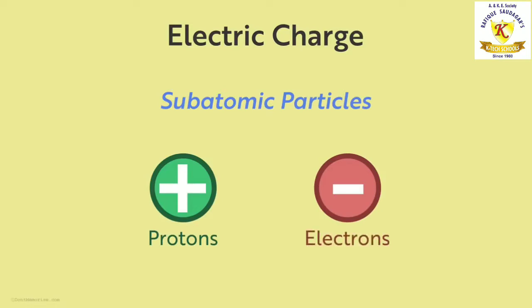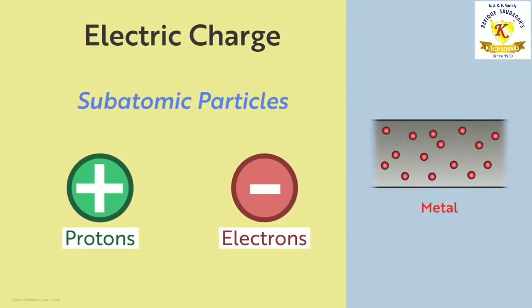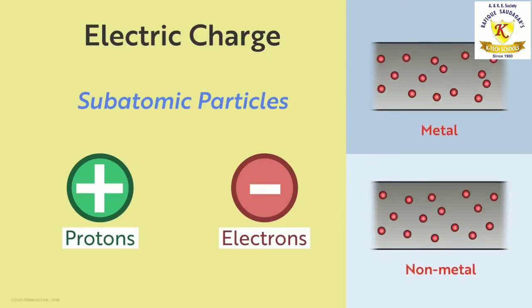There are billions and trillions of protons and electrons present in any object around us. In some objects like metals, electrons can move randomly, while in non-metals their position is more or less fixed and hence they cannot move freely.